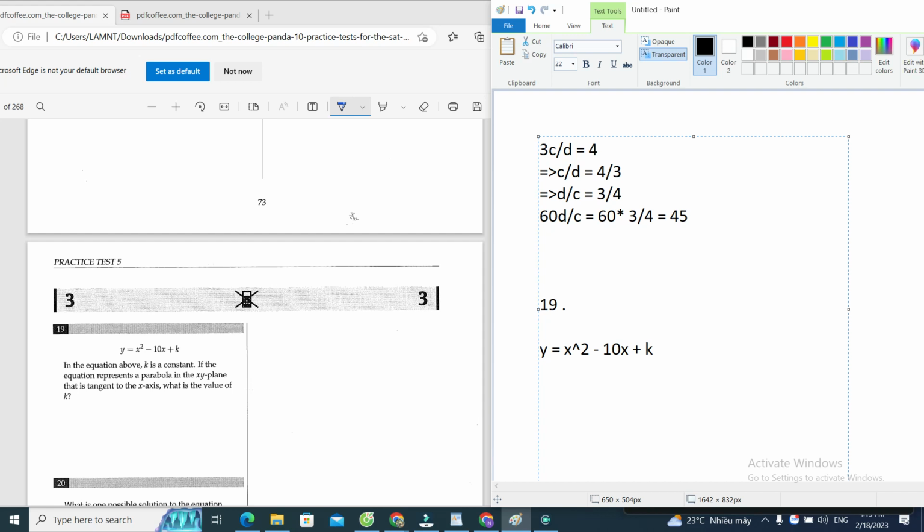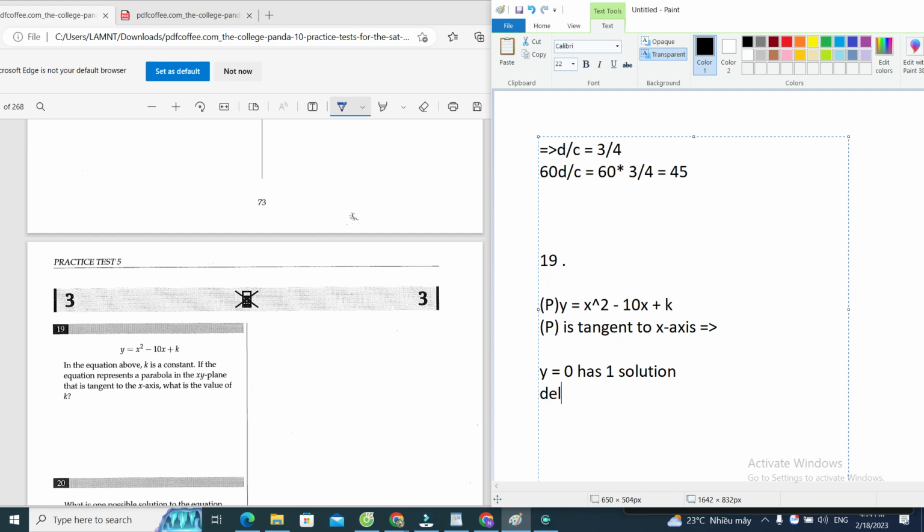Because this parabola is tangent to the x-axis, which means that y equals 0 has only one solution, which means that the delta of y is equal to 0.